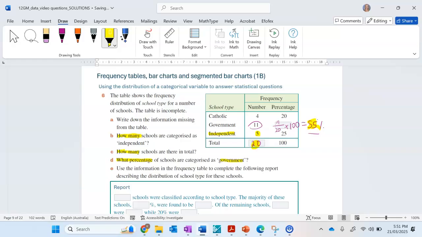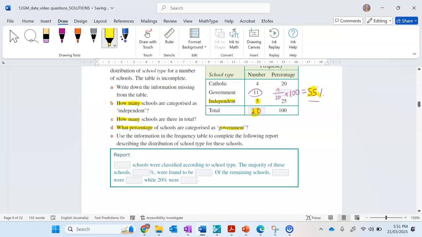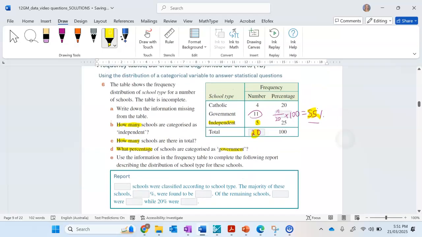Use the information in the frequency table to complete the following report describing the distribution of school type for these schools. When we do some of these questions, we are going to look at reports, because there's no point in just displaying the data without actually understanding what it's telling us.